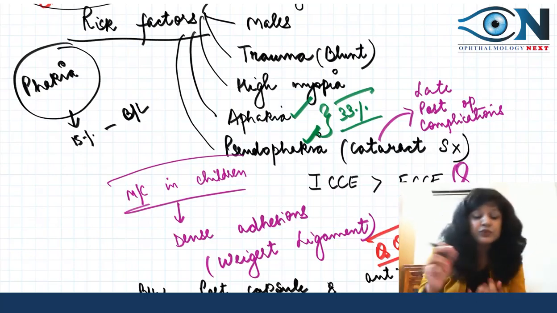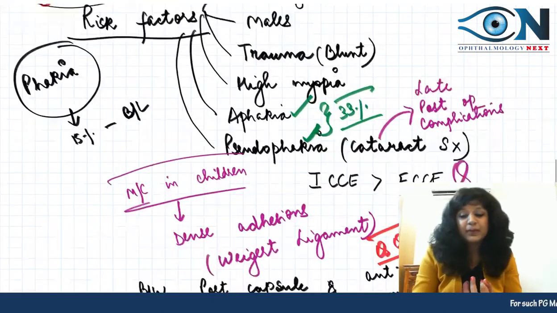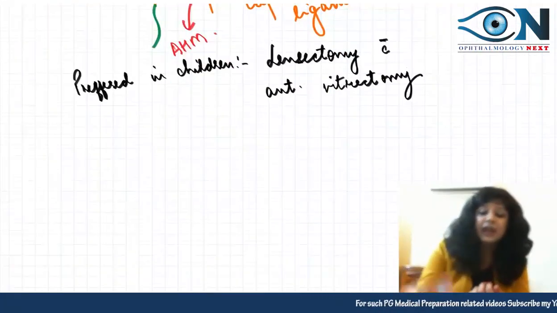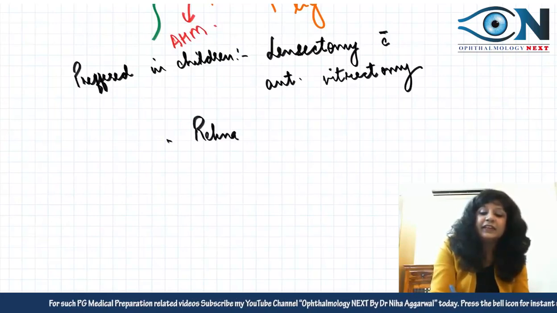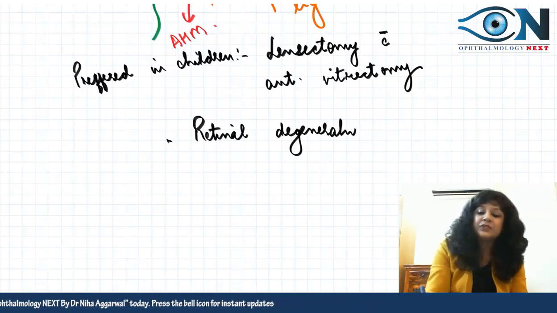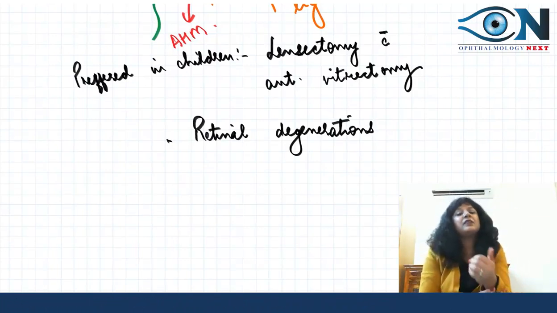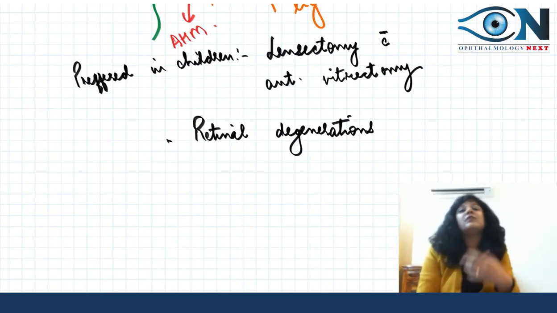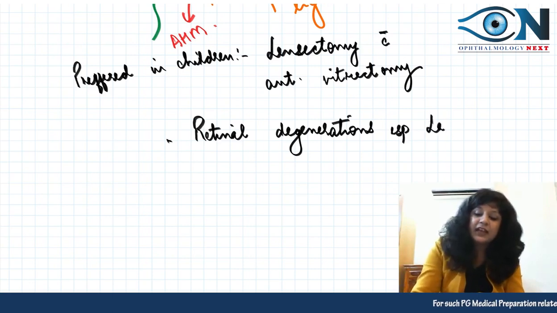Okay. So we have covered age, gender, trauma, myopia, aphakia, pseudophakia. Another important risk factor is retinal degenerations. If we have so many degenerations in the retina, obviously the degenerated retina will have more chances of traction, therefore more chances of a break, especially the lattice degeneration.